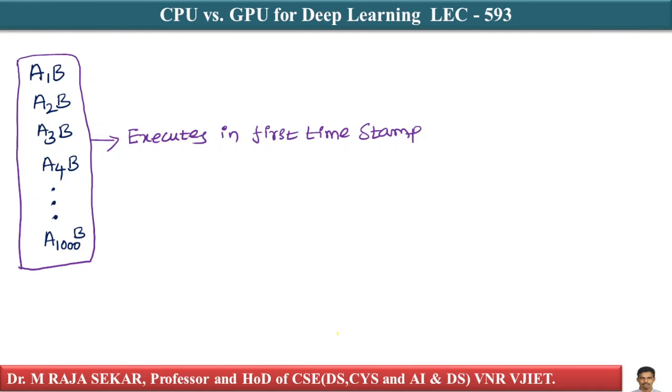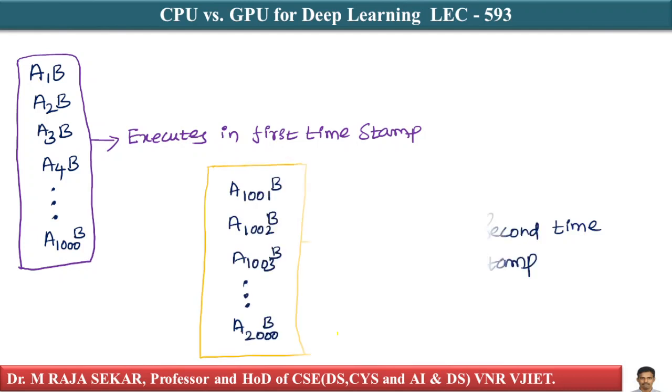So in the case of a GPU, how can I multiply A by B? It works like A1 into B, A2 into B, A3 into B, A4 into B, up to A1000 into B, all happening simultaneously. Then A1001 times B, A1002 times B, up to A2000 times B happen in the second time step.